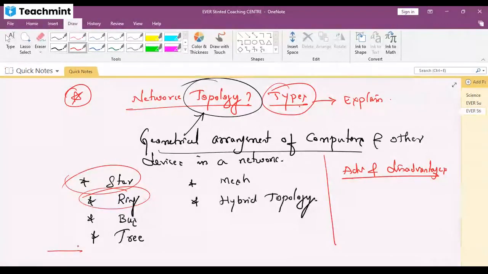There are 3 topics in this chapter, but compulsory one question you will get from this chapter. Is it clear? Yes, sir. Do you have any doubts till now about what we have discussed?